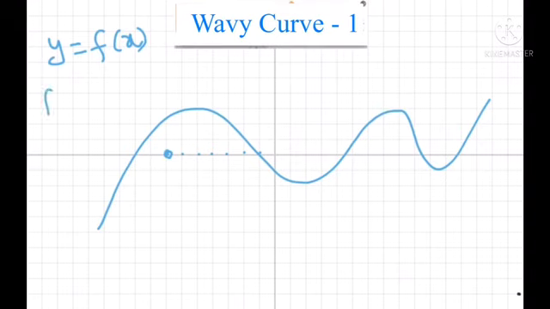So if I ask you f(-7), is it positive or negative? You will calculate f(-7), meaning what is the value of y? This value. y is positive, approximately equal to 2.5. So you will tell me it is positive.